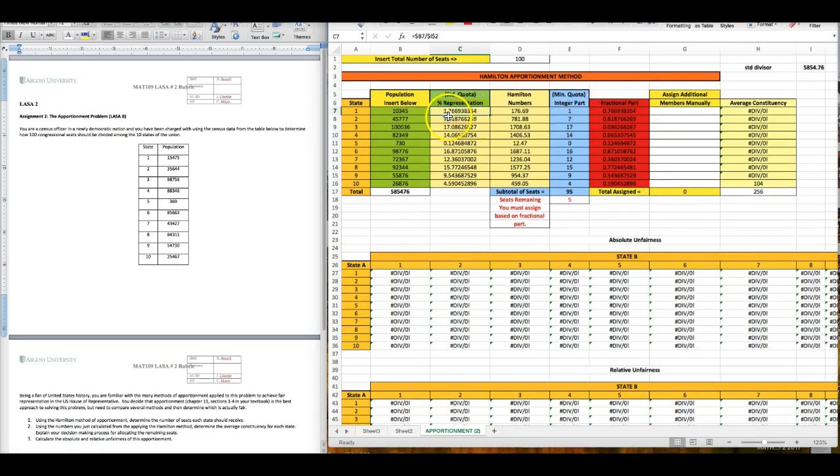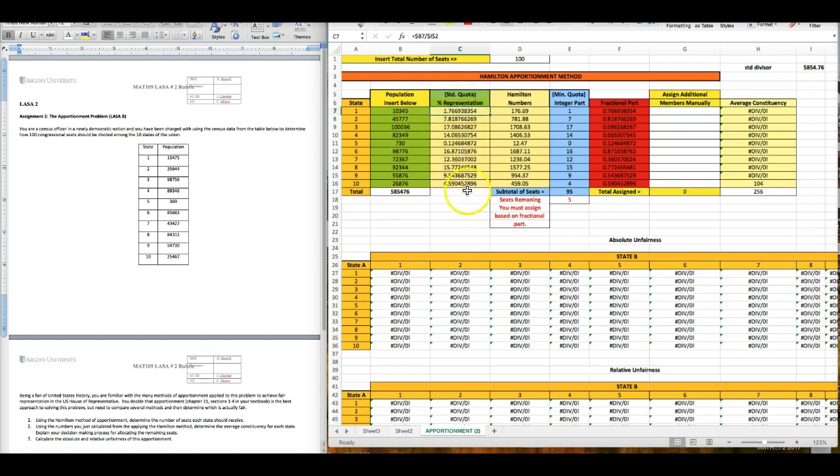So here, this is 1.7669, and so on. You see we have the 1 here and we have the fractional part here. Now, the reason why we have that is because whenever we do this method, what we need to do is figure out how many representatives we know for sure are going to represent this population here.